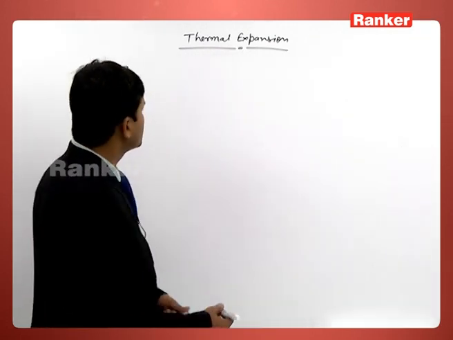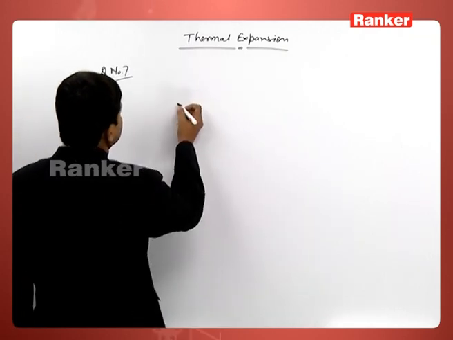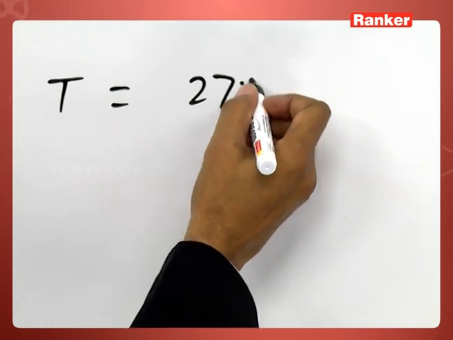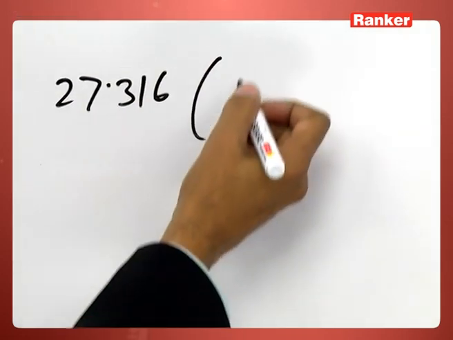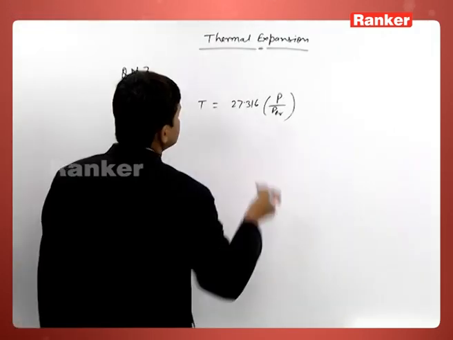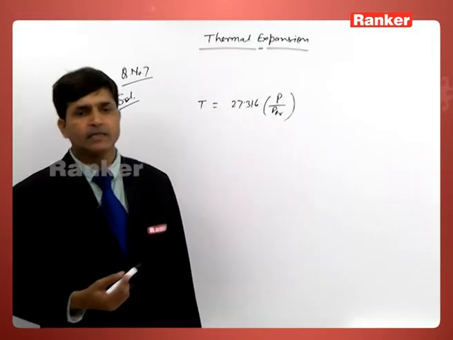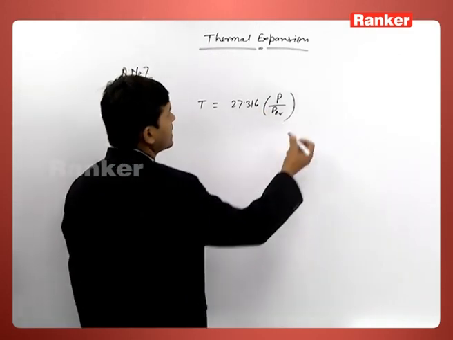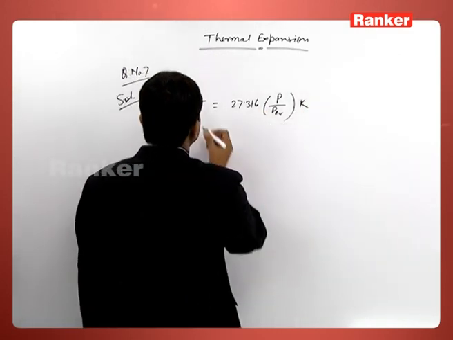So the temperature of any object is defined as 273.16 times P by PTR, where PTR is the pressure at the triple point, and this is in Kelvin.